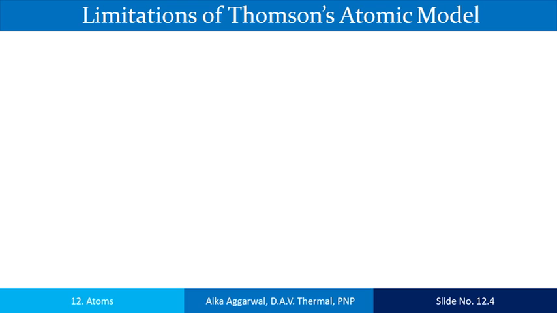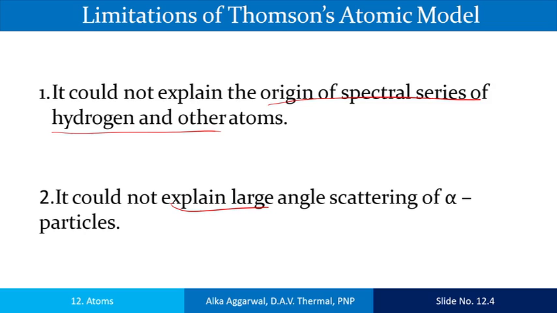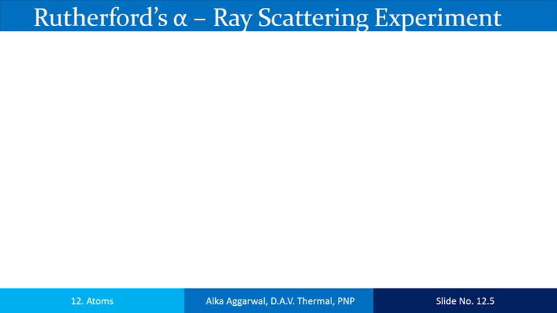This model of the atom could not explain the origin of the spectral series of the hydrogen atom, and it could not explain the large angle scattering of the alpha particles. Sir Rutherford, the research student of J.J. Thomson, performed the alpha particle experiment to probe the structure of the atom, which in turn led to the discovery of the atomic nucleus.